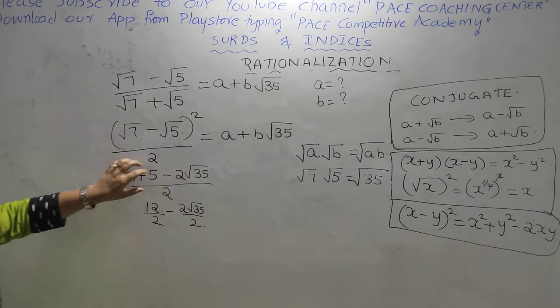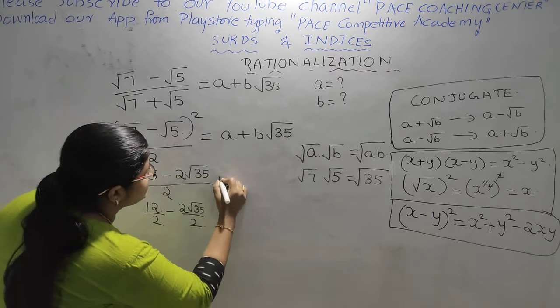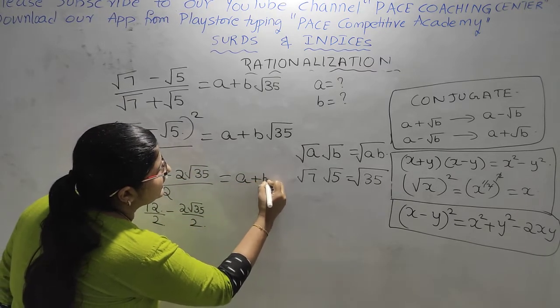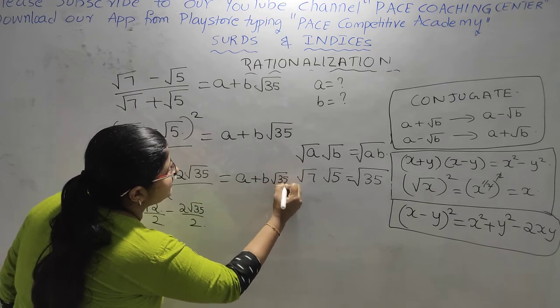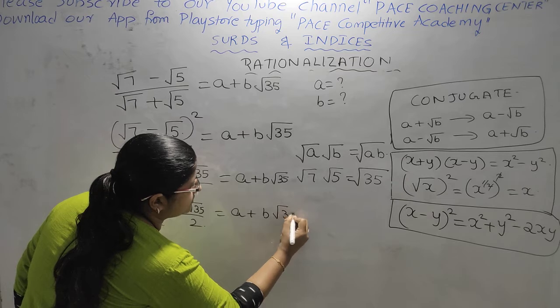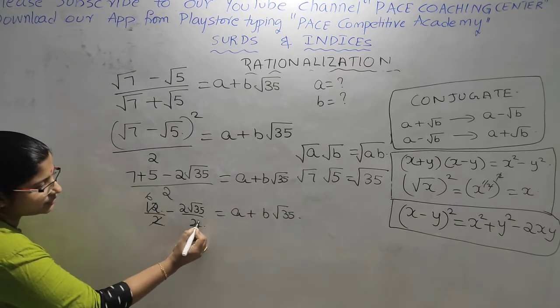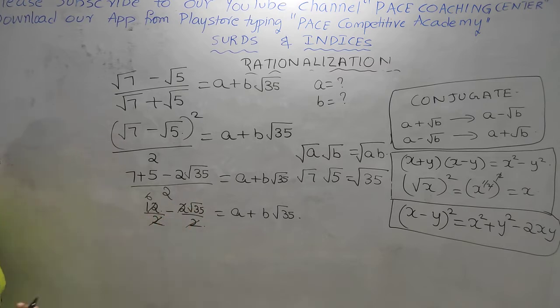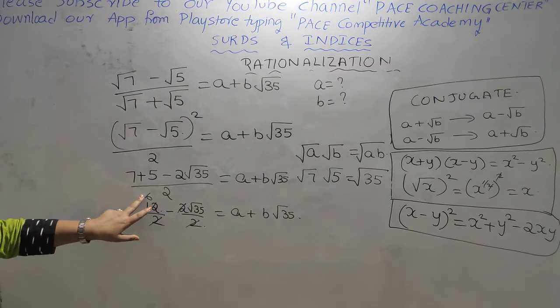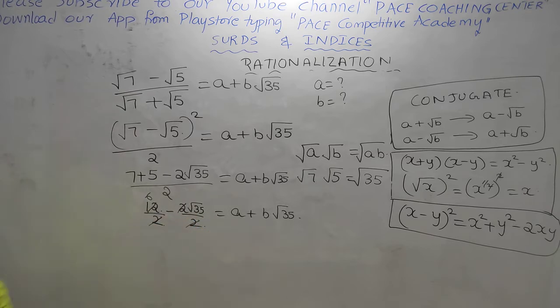I am just splitting the 2 into 2 parts, which is equal to a plus b into root 35. So 2 sixes are 12, 2 ones are 2, so you will be left with 6 minus root 35.